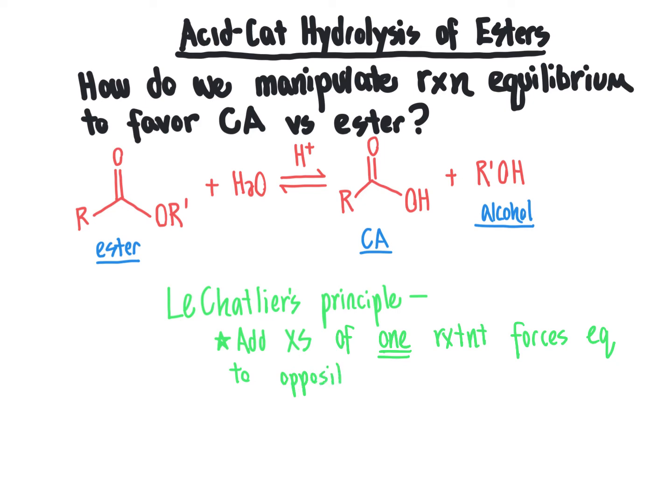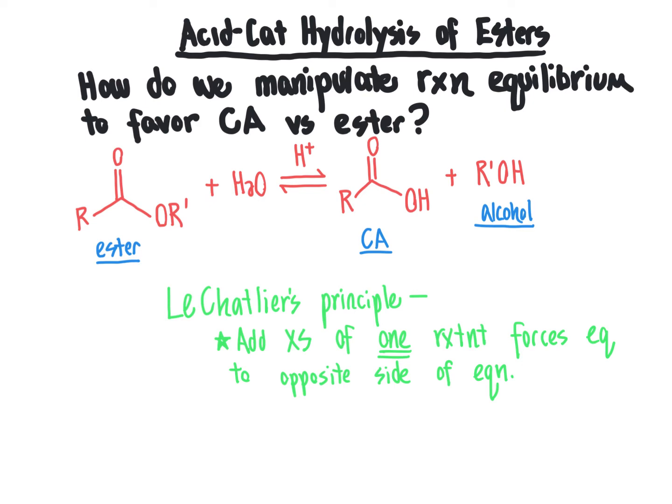So if we were taking this reaction and we wanted to favor the production of carboxylic acid, in other words, we wanted to create a lot of carboxylic acid, what we could do is add an excess of water. That's one of these two reactants, ester plus water. Water makes sense to add an excess logically because it's a very cheap reactant, and so from a practical standpoint, that's a good one to add.